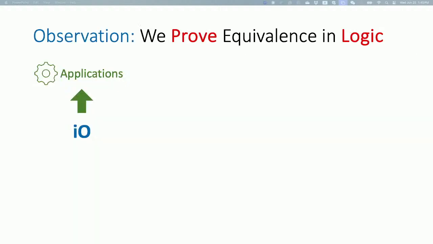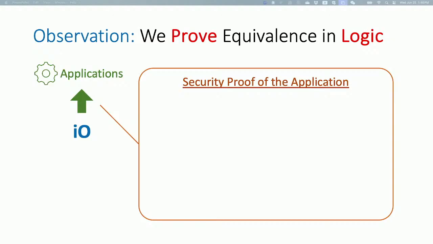Our method starts from the following observation. When we use I/O to build some cryptographic applications, it seems that in the security proof of that application, we always prove functionality equivalence in math. So imagine we use I/O to build some application.